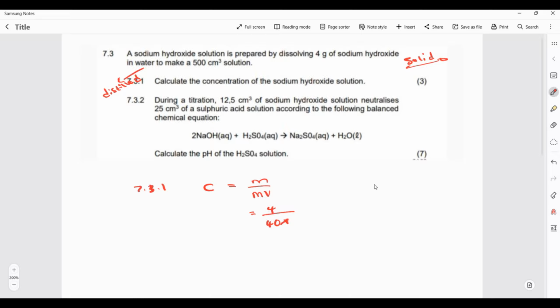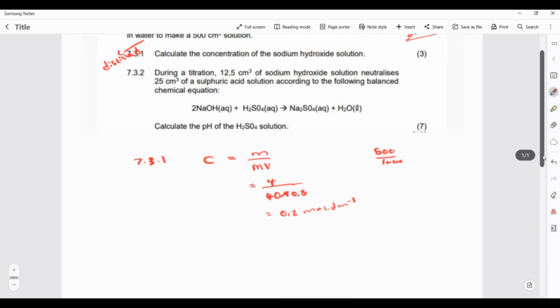And then 500 divided by 1,000, I think it's going to give us 0.5 over there. Yes, it must be 0.5. And then what answer do we get? 0.2 moles per cubic decimeters over there.